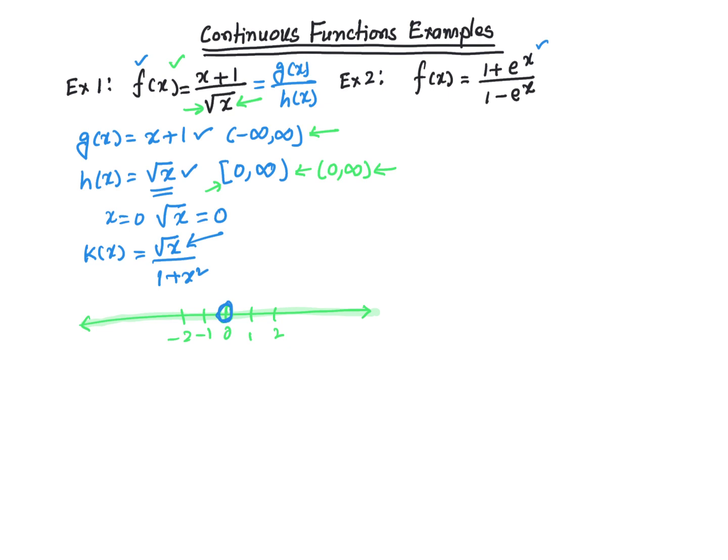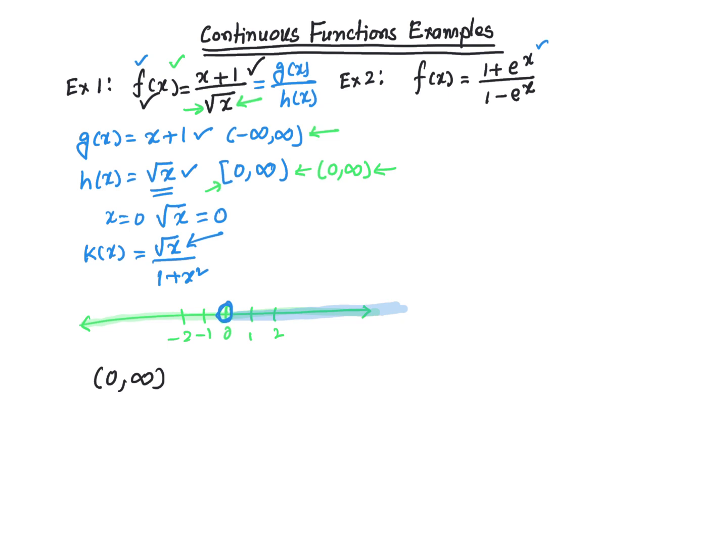So from 0, excluding 0, everything to the right. So where do the green and the blue overlap? Right here between 0 and infinity. So the domain for f of x is going to be from 0 to infinity. And this rational function is continuous in the entire domain.